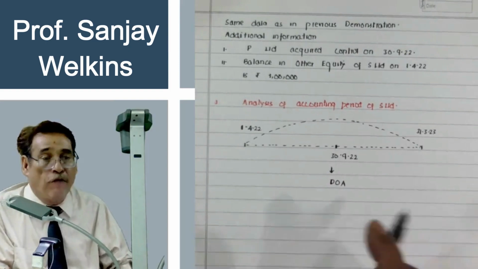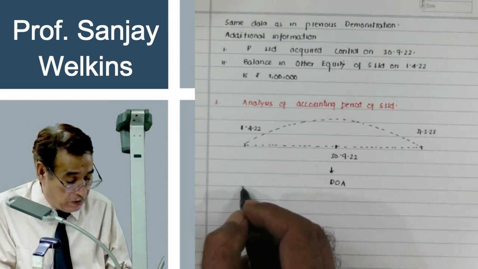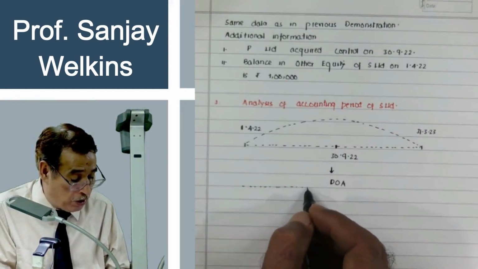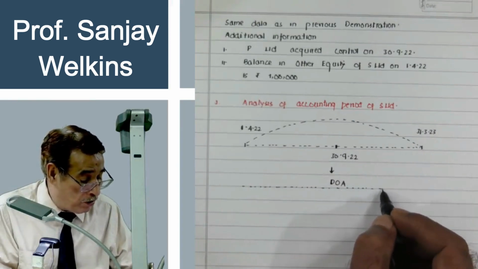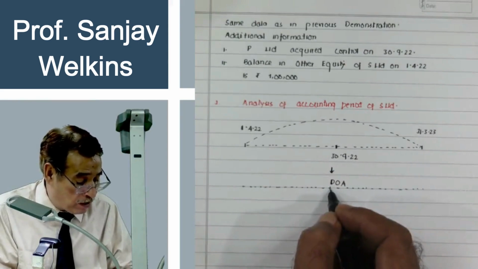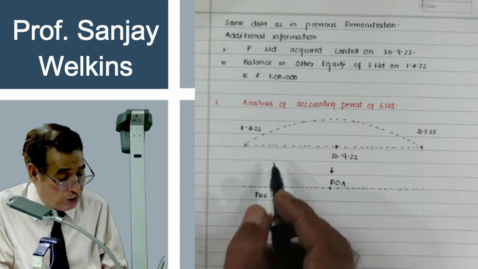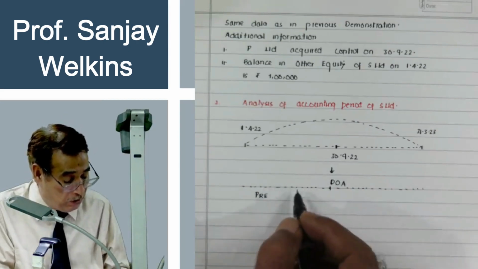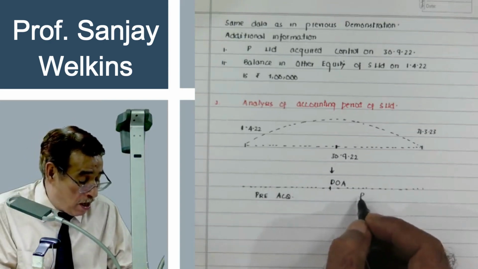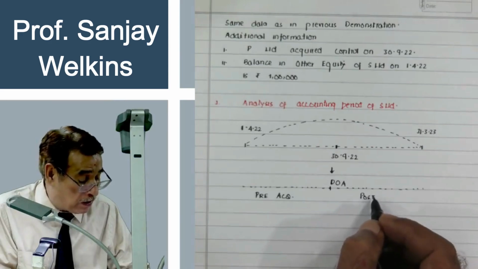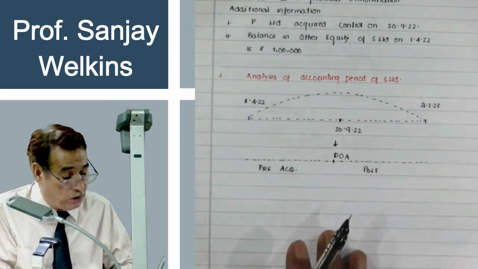Once you have noted down the date of control, your next step is to divide the current accounting period into pre and post periods. The first 6 months, from 1/4/2022 till 30th of September, are the pre-acquisition period, and the post-acquisition period is 30th September 2022 onwards till 31st March 2023.